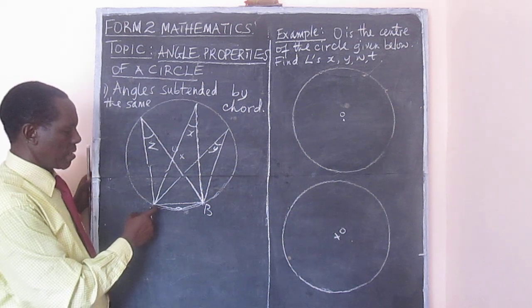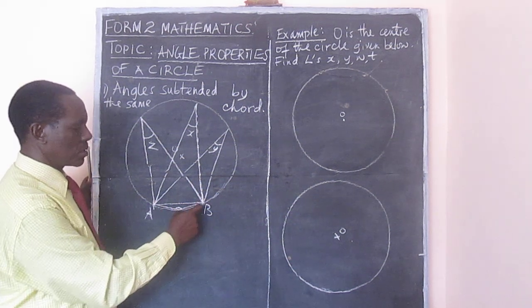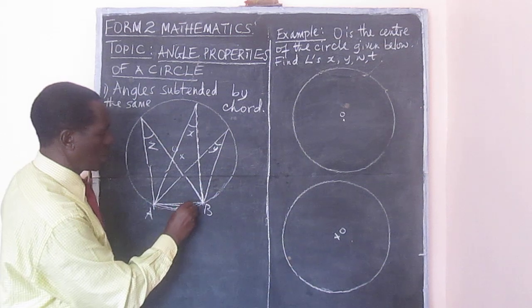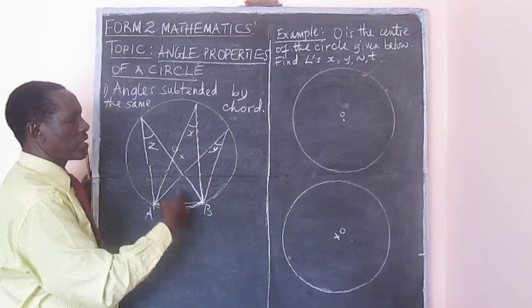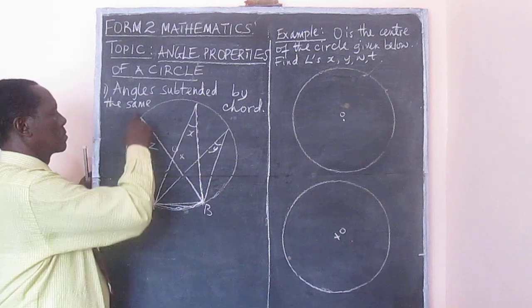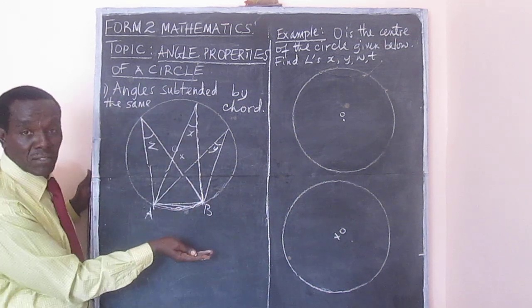We can also make the same chord to subtend angles on this side. And that's why we said on the same part of the circumference. These others are on the other part of the circumference.